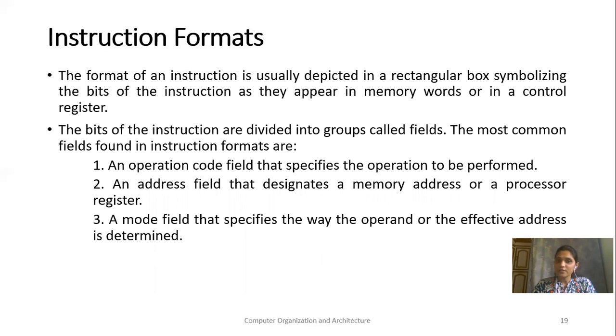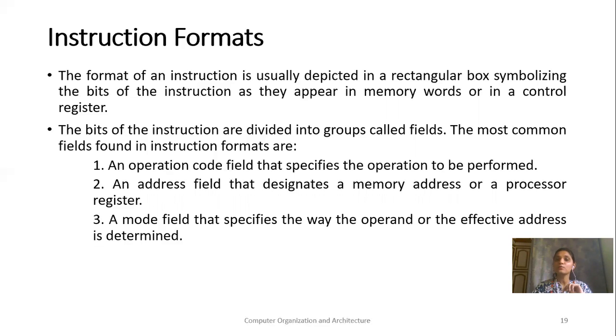The bits of the instruction are divided into groups called fields, and the most common fields are as given. First one is the operation code, which defines which operation is going to be done. Second field is an address field, which designates a memory address or a processor register address where your operand is stored.